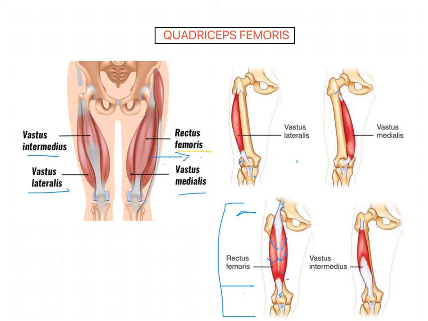These are the origins for vastus medialis. And the insertion is on the medial one-third of the base and upper two-thirds of the medial border of the patella.